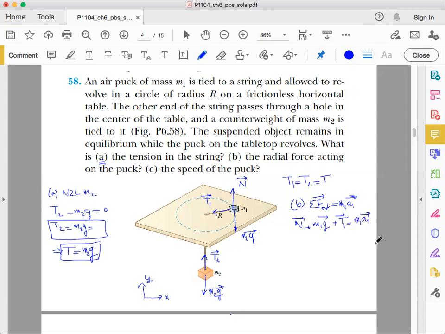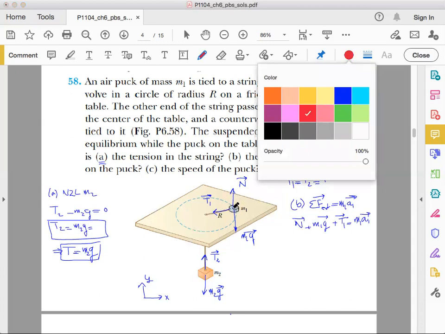Now, we're looking for the radial force, so we have to take the projection of this Newton's second law onto the radial direction.